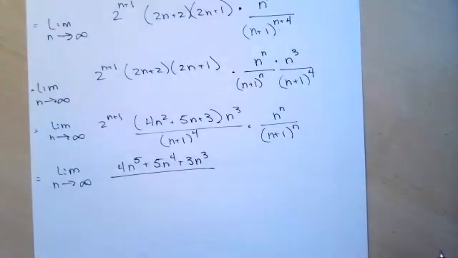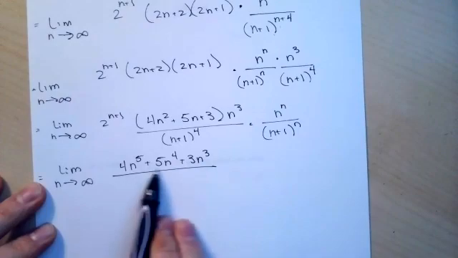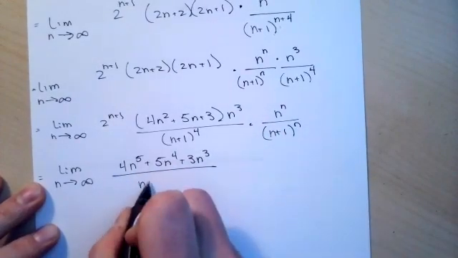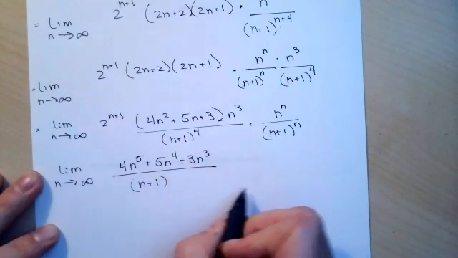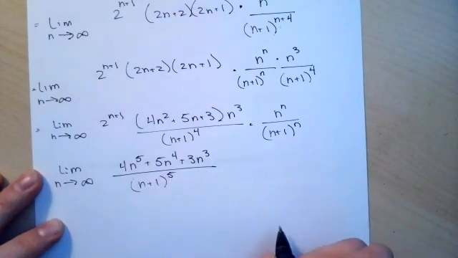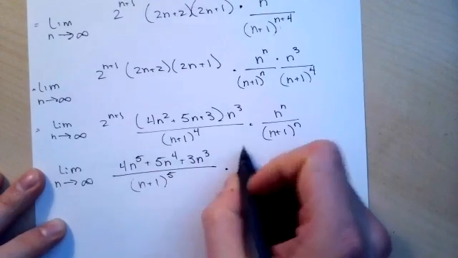The denominator, let's see. Some things we can do to manipulate this. Here I have something like n to the 5th, so I'm going to borrow another term, n plus 1 to the 5th, times, I'm going to pull out a 2.